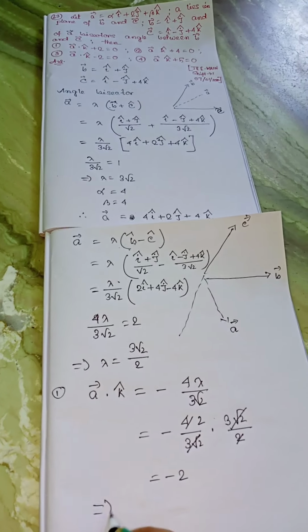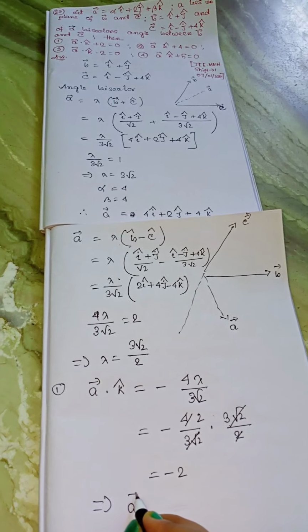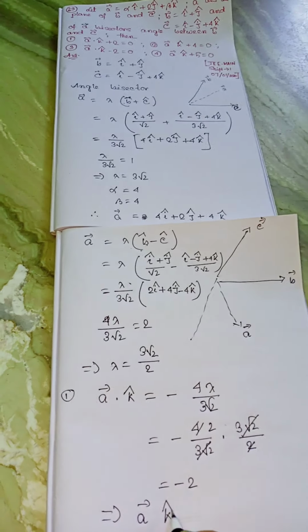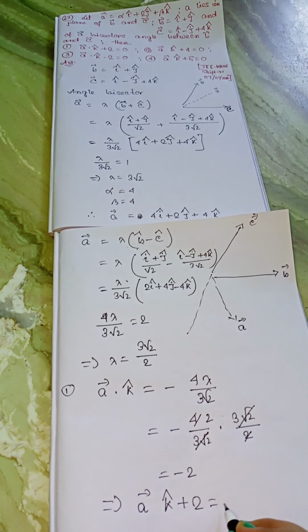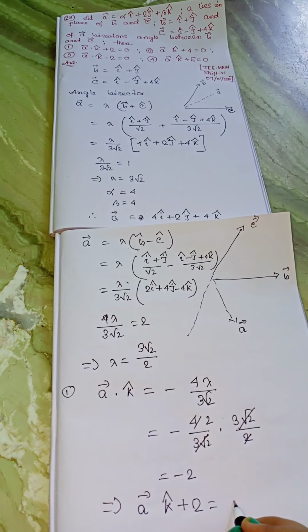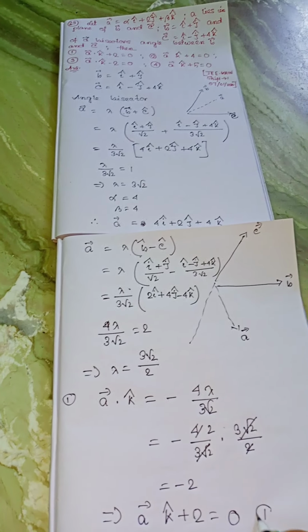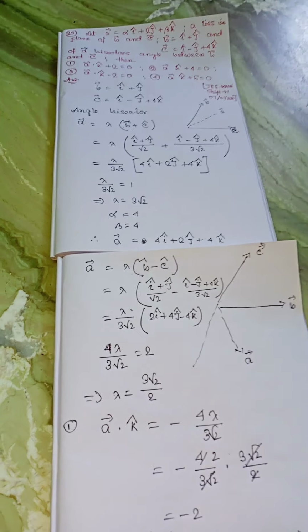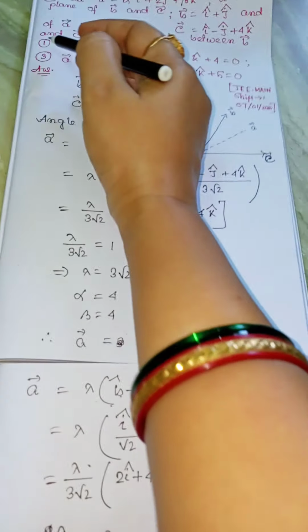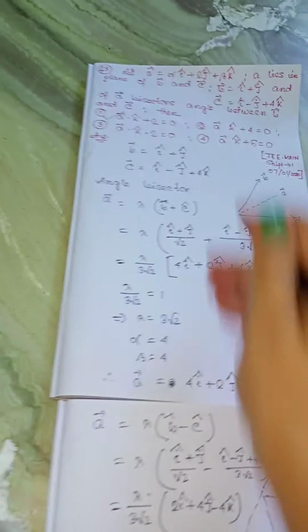So option 1 is our correct choice: A vector dot k cap plus 2 is equal to 0, and it is option 1. So we reached option 1 as the correct choice.